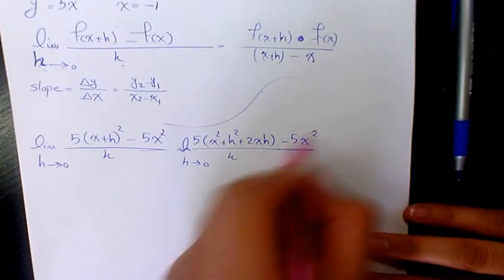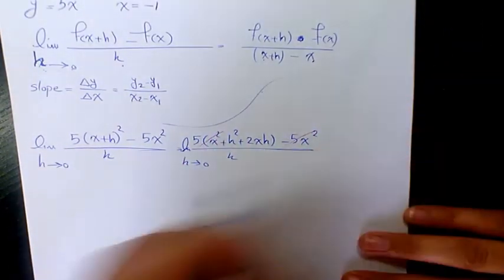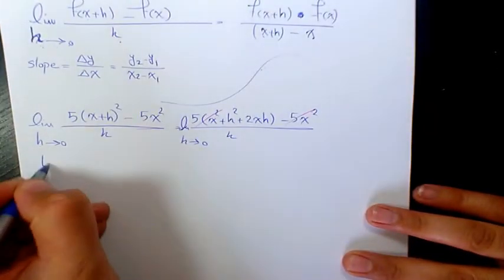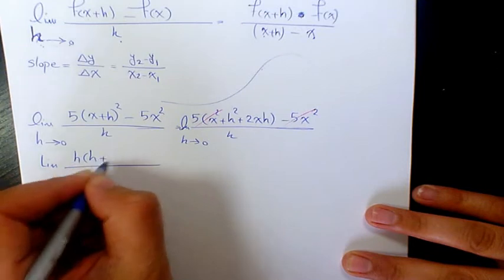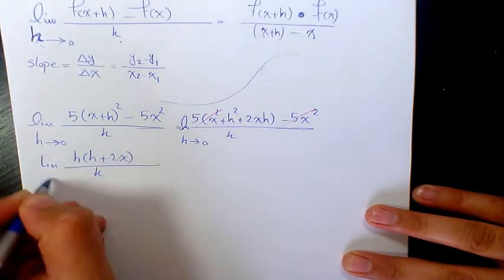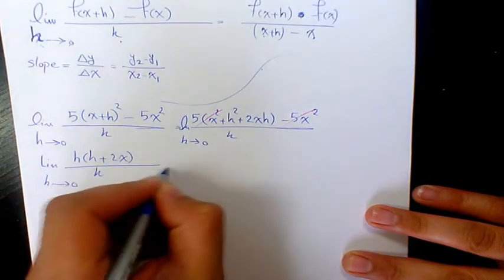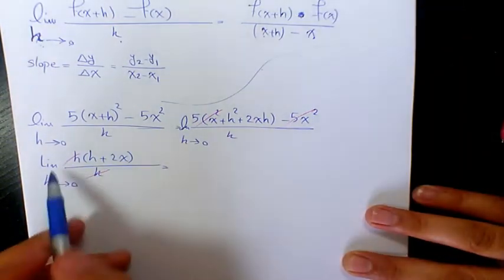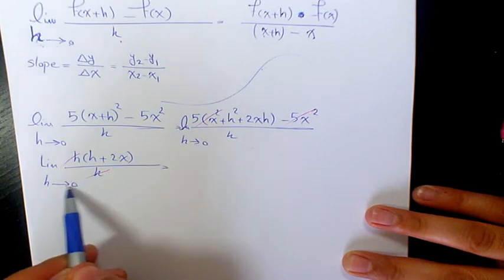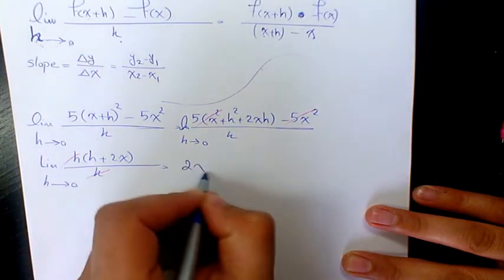These two cancel out, and when you factor h, it's going to be h plus 2x divided by h when h approaches 0. These two cancel out, and the limit of h plus 2x when h approaches 0 is just 2x.